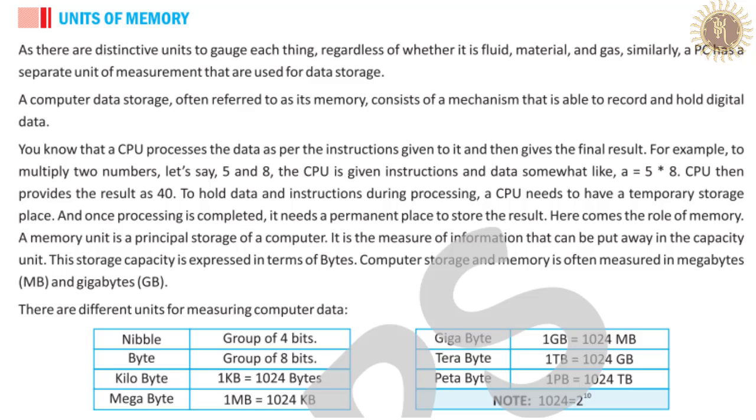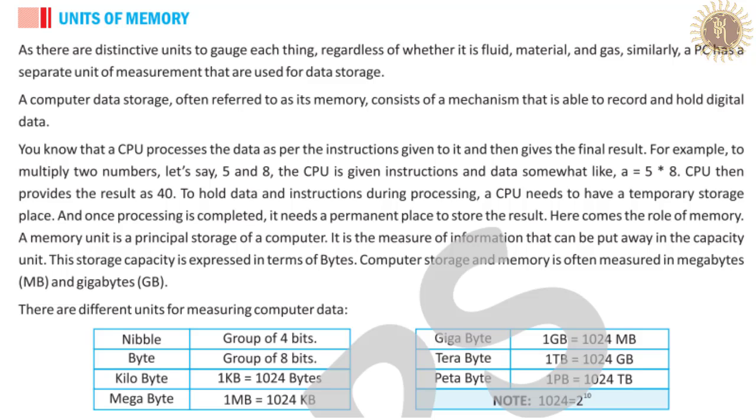Units of memory. As there are different units to measure every aspect, whether it is fluid, material, or gas, a computer has a separate unit of measurement which is used for data storage. A computer data storage, often known as its memory, consists of a mechanism that is capable of record and hold digital information.